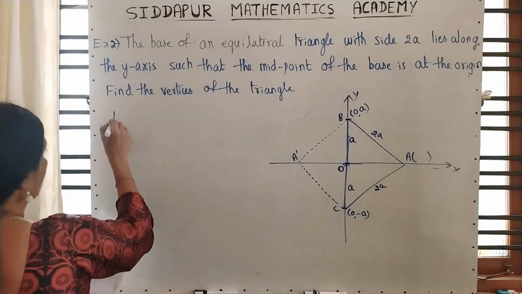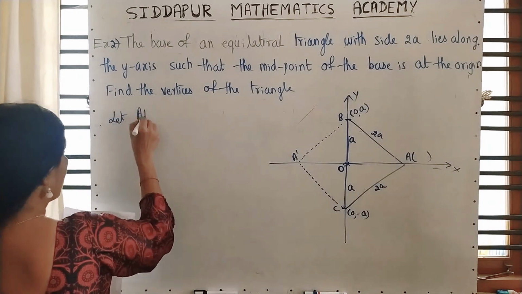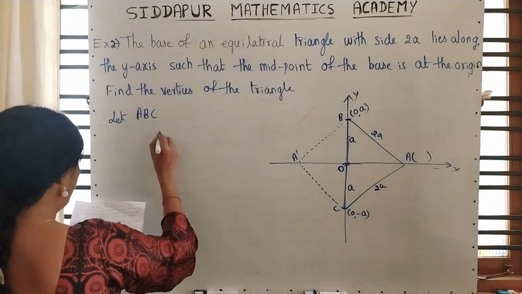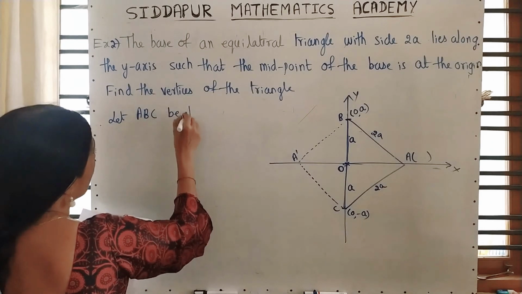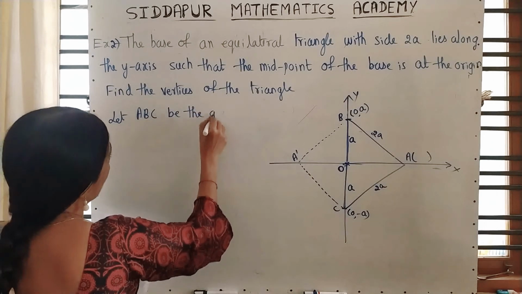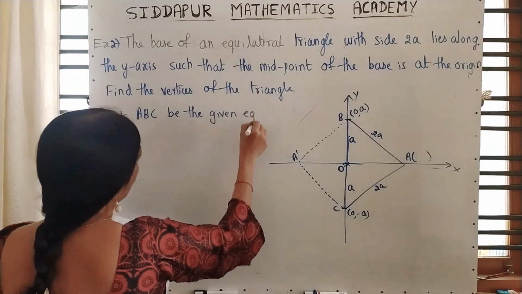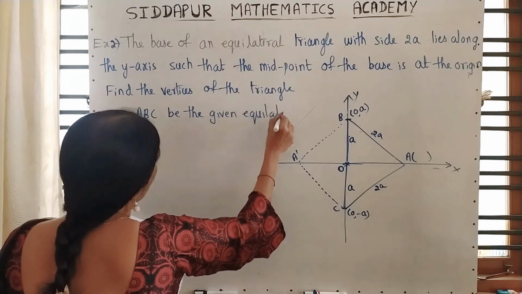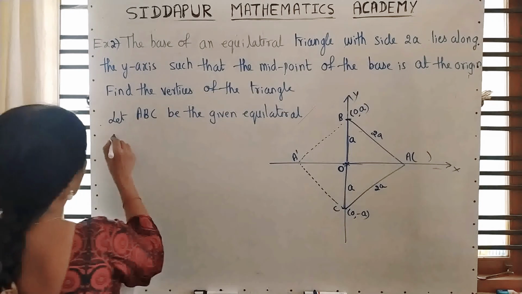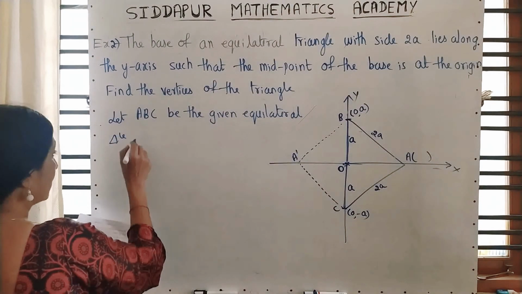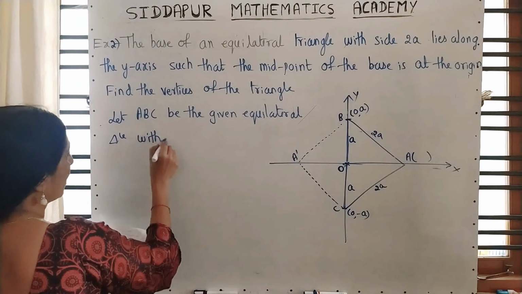Write on. Let A, B, C be the given equilateral triangle with side 2a.